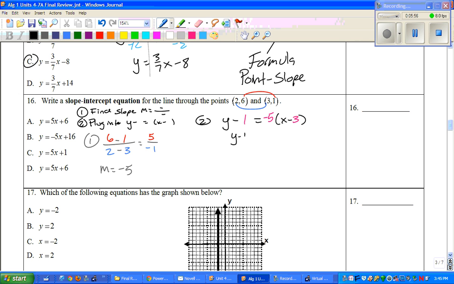So y minus 1 equals, distribute that, negative 5 times negative 3 is positive 15. Add the 1 to cancel. Y equals negative 5x plus 16, which is B.